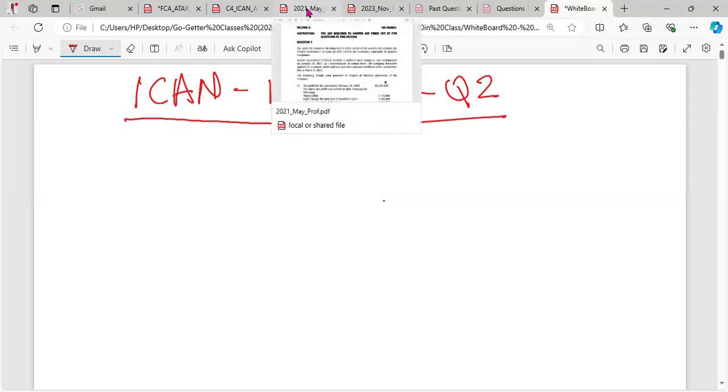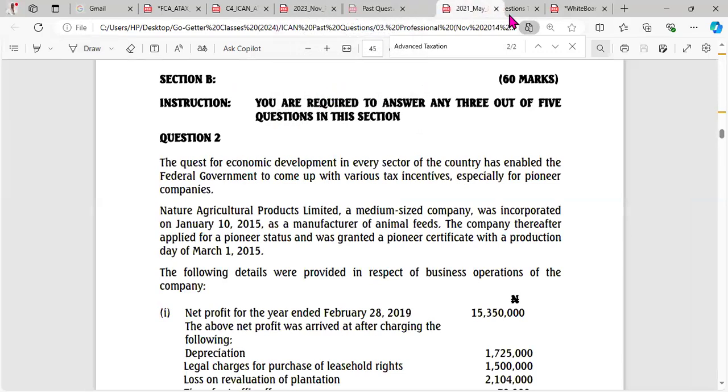All right, so what do we do? The question says the quest for economic development in every sector of the country has enabled the federal government to come up with various tax incentives.